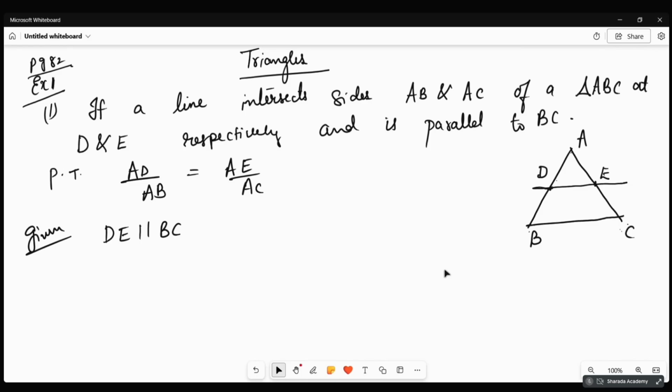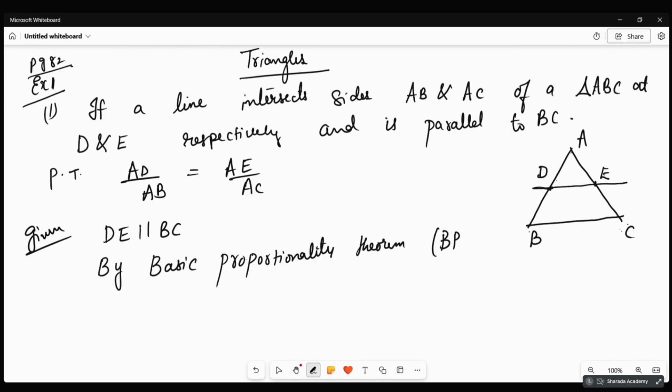So DE parallel to BC, by the basic proportionality theorem, or BPT theorem, you can write it as BPT theorem, what we have is AD by BD is equal to AE by EC.